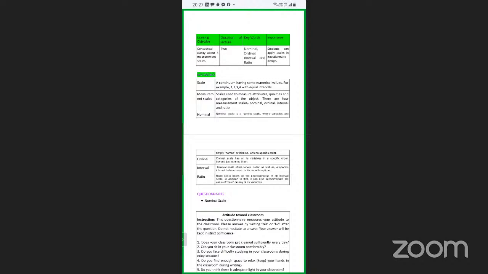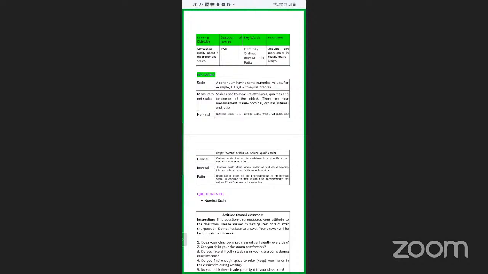So the initial phase is the continuum. When you think about the continuum, that means there is some limit, lower limit to the upper limit, or from upper limit to the lower limit.